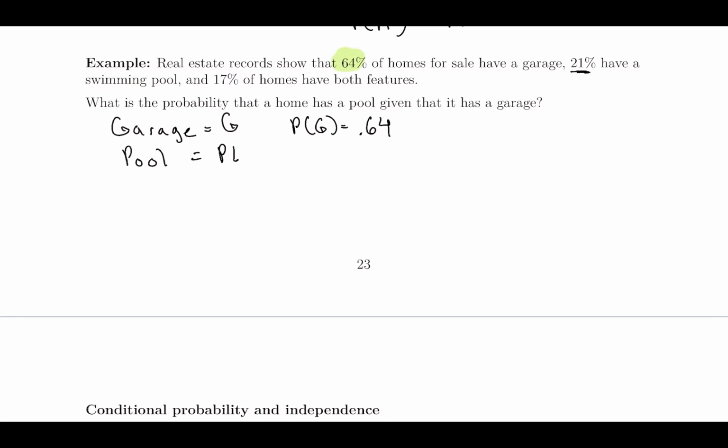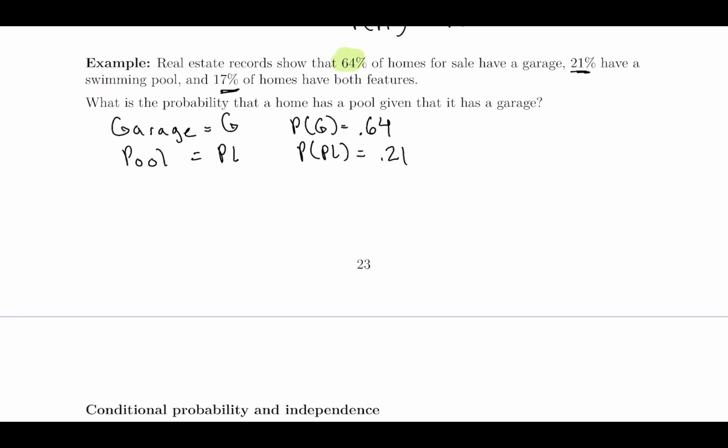What does the 21% represent? Pool. All right, so the pool. You're good, Stephanie. Lastly, what does the 17% represent? Both.